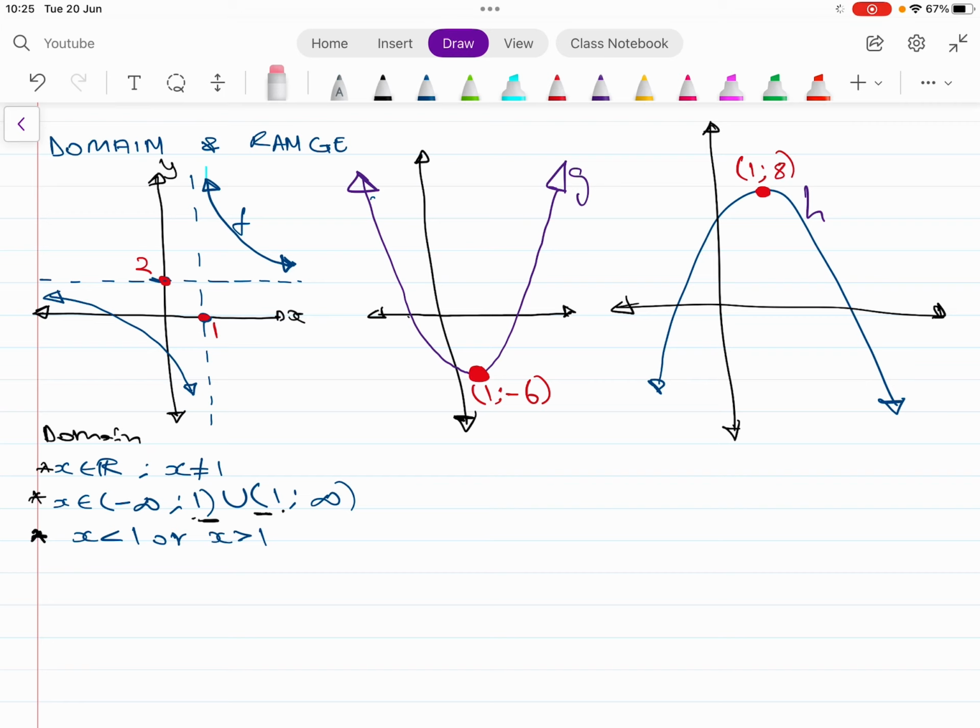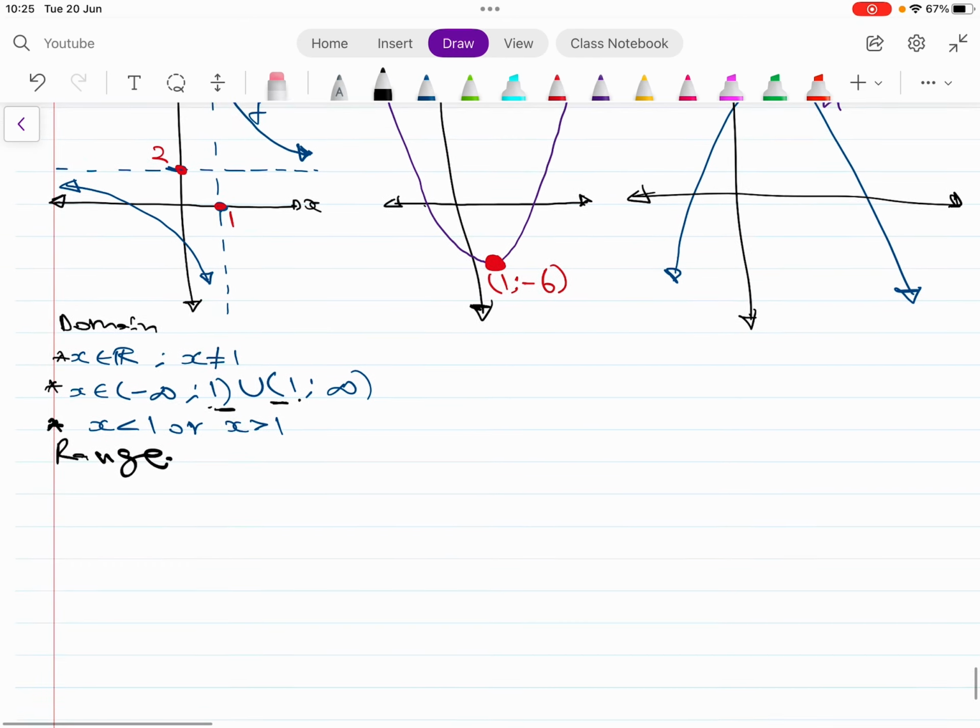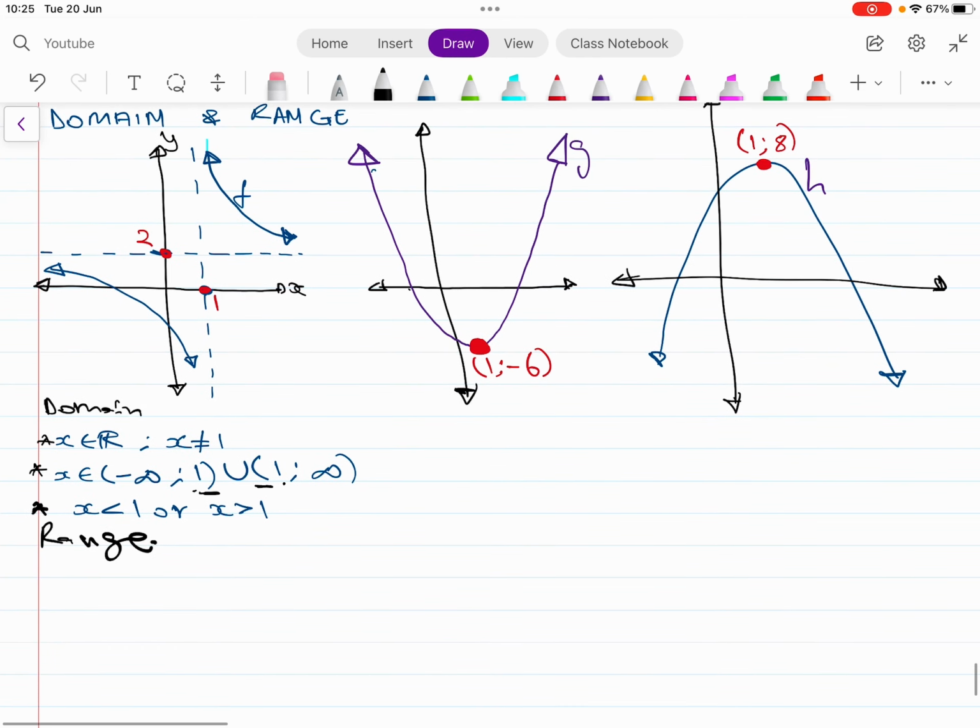And now in terms of the range, the spelling for range is not what I just wrote, butchering it for the second time. Okay, now that is the right spelling. In terms of the range, we are basically just saying all the Y values for which the graph is valid.